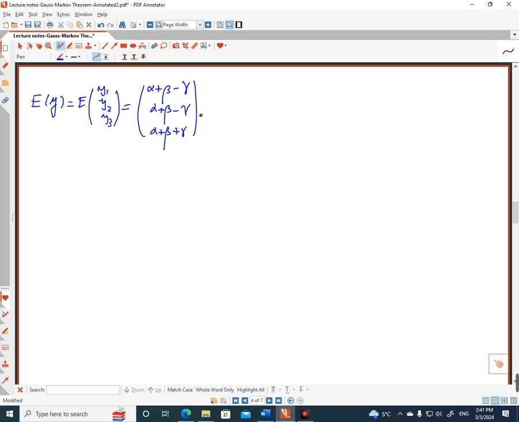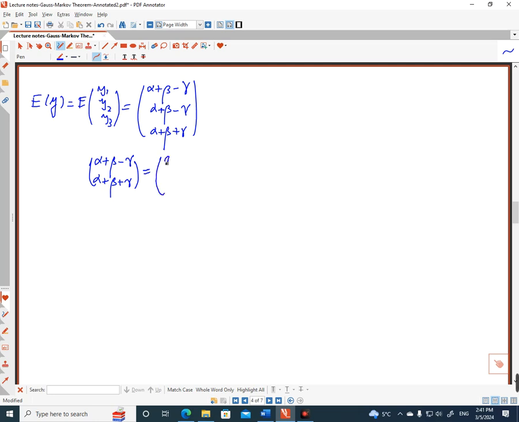Here we can consider that we have two linear functions of parameters. If we consider the first one and the third one, we can write it this way: alpha plus beta minus gamma and alpha plus beta plus gamma.